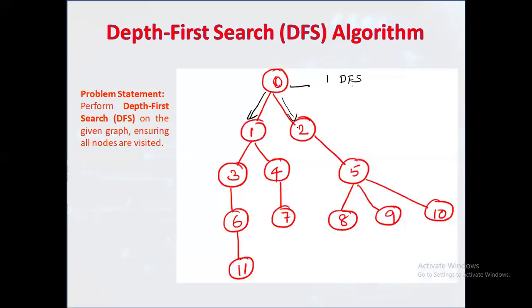The third step is from 1 to 3. Move to node 3. The algorithm moves deeper into the graph by visiting node 3, which is the next child of 1, and pushes it onto the stack.